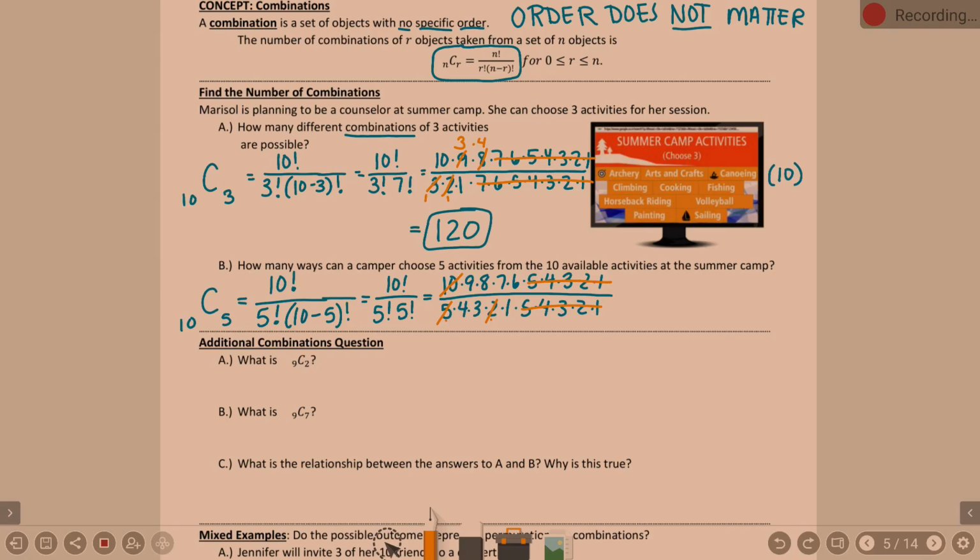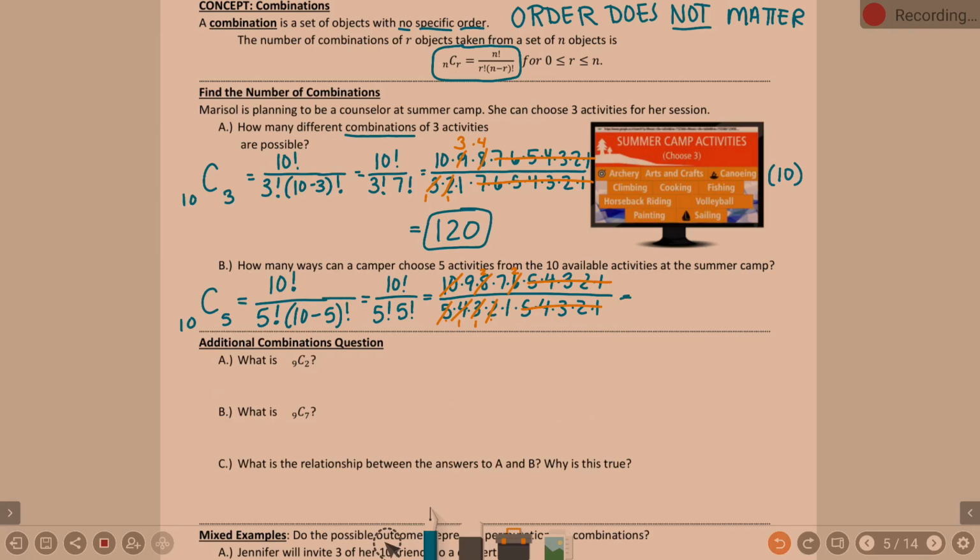Michaela mentioned the 3. 3 divided by 3 is 1. Which way were we canceling the 3? 6. Okay, you could go with the 9 or the 6, right? Yeah. Doesn't matter. So if I cancel with the 6 becomes a 2. What about that 4? 9 divided by 8. 4 divided by 4 is 1. 8 divided by 4 is 2. Okay.